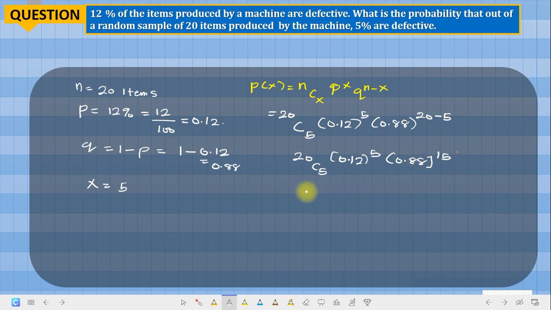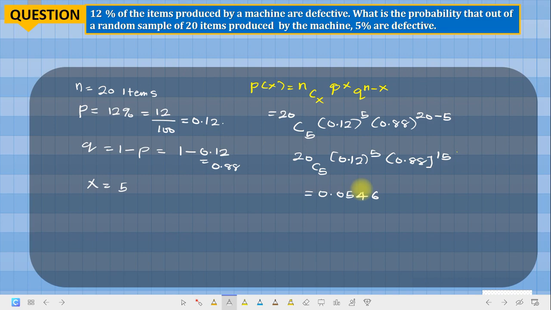You're going to have this equal to 0.0546. To confirm, we can check it from our calculator. That is 20, shift combination, 5, times 0.12 raised to the power of 5, times 0.88 raised to the power of 15.